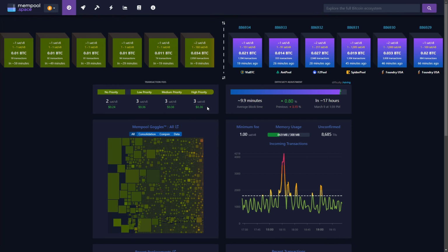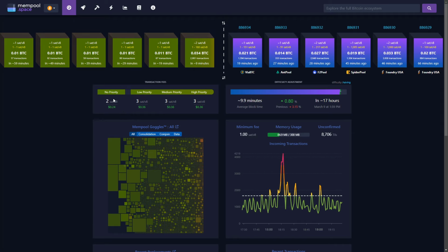Even this, they're all the same right now, which is interesting because I believe low priority, I think this is 6 hours. If you want your transaction confirmed in the next 6 hours, on average, they estimate this. And then no priority, that basically means you don't even care if your transaction gets confirmed today. You're fine with waiting more than 1 day to get it confirmed.